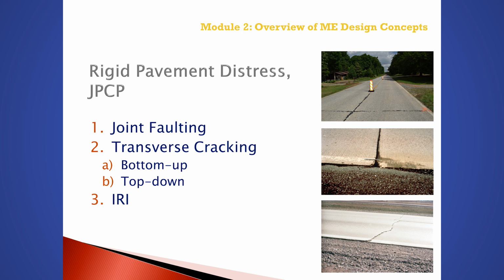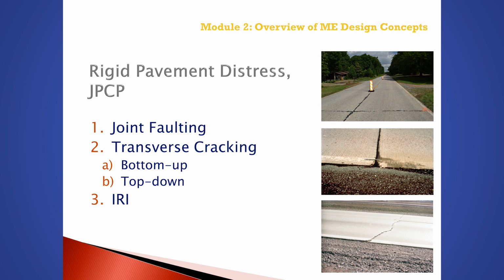The International Roughness Index, defined as IRI, is also predicted for jointed plain concrete pavements, but will be discussed at the end of this section because it is considered a performance indicator that is applicable to all types of pavements and is not a specific distress type for a specific type of pavement.